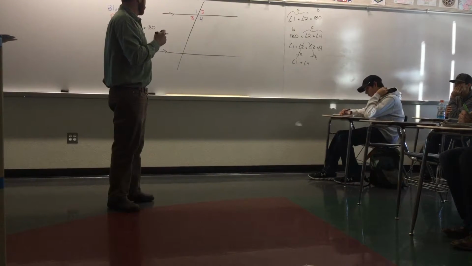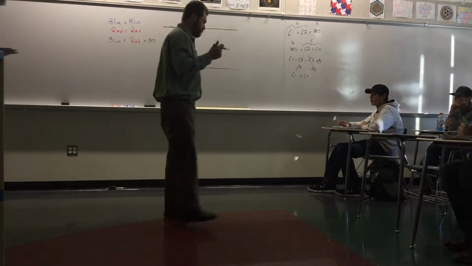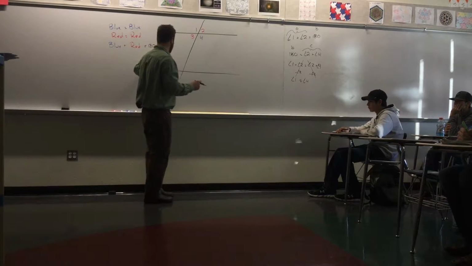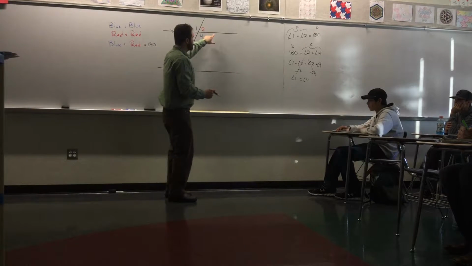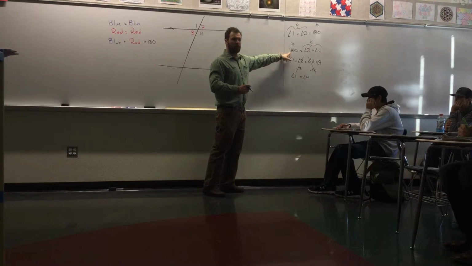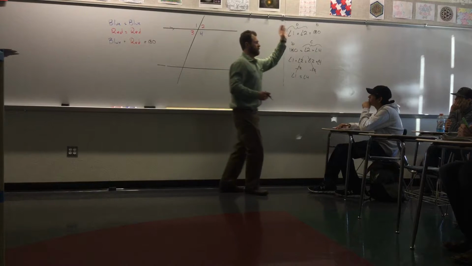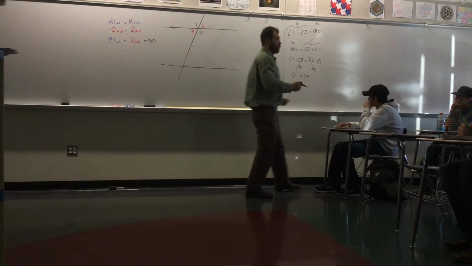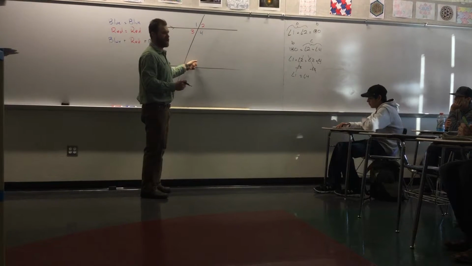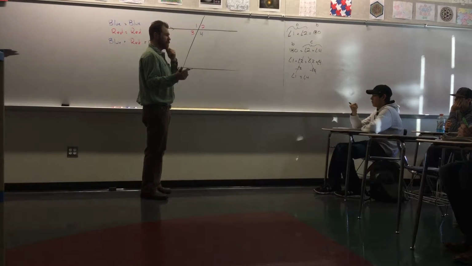So, now, what do the sum of the inside of a triangle add up to be? 180, right? So let's pretend that maybe this isn't parallel at this point. If these guys aren't parallel, that means they intersect over here somewhere, right? Okay. So if they intersect over here, even if it's a mile down the road, we know that these two angles, they can't add up to be bigger than what? 180, right?